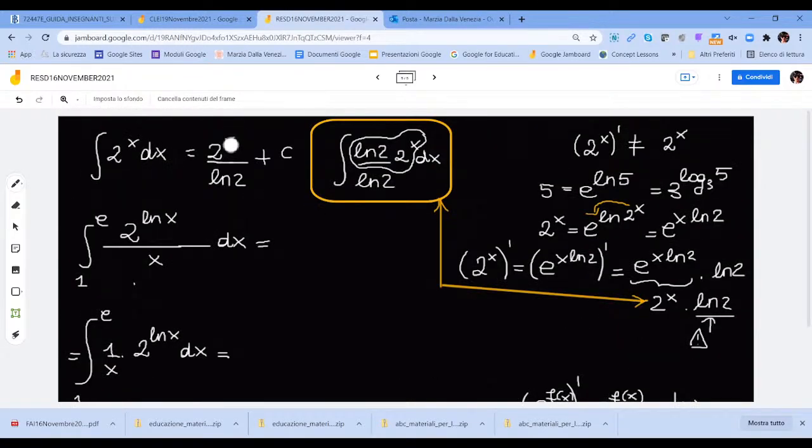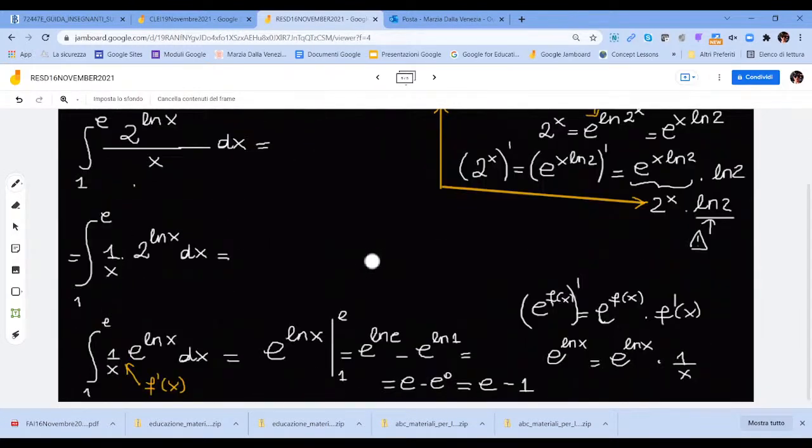As you know, we have 2x and not 2 to the power of logarithm of 2, but it is the very same. Maybe I should rewrite this one.